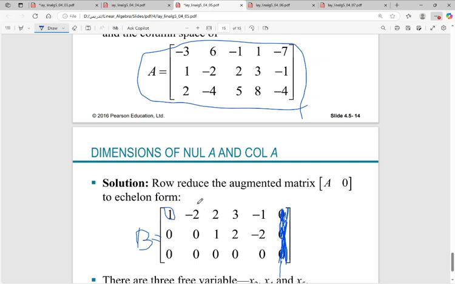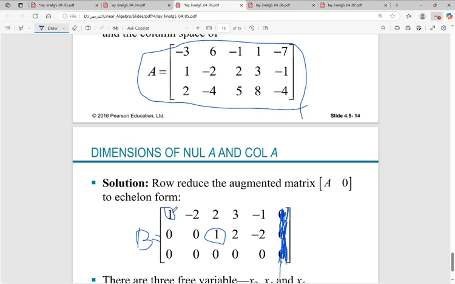Column 2 is not a pivot column because it doesn't have a leading entry or pivot position. Column 3 is a pivot column because it has a pivot position. And column 4 and column 5 don't have pivot positions or leading entries, so they are not pivot columns.